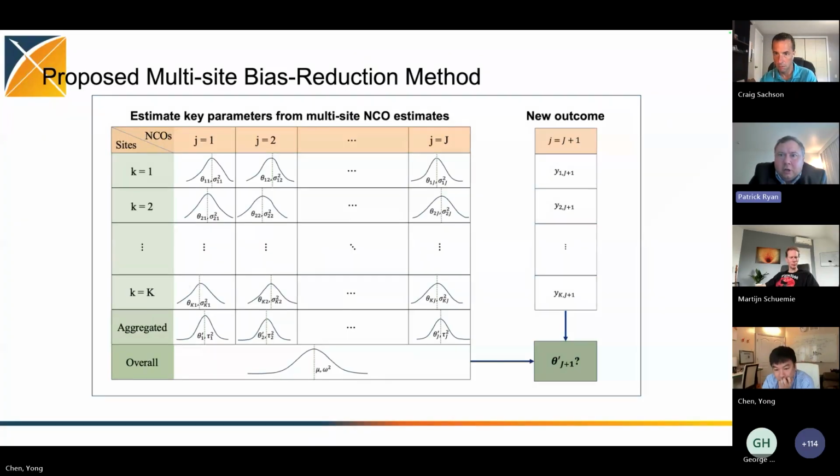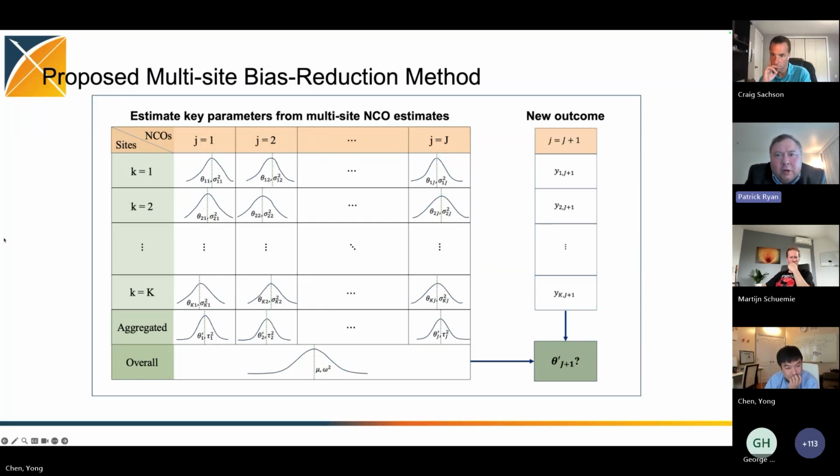Thank you, Martijn and Yong, for these presentations. This was really excellent. One of the things I'm observing in the literature still, even just this week, I saw yet another example of network studies that choose to report only the composite of the network. And so they don't report site-specific estimates. They only report the composite.